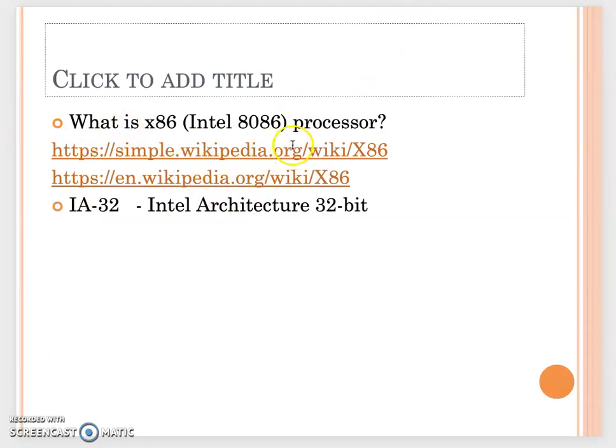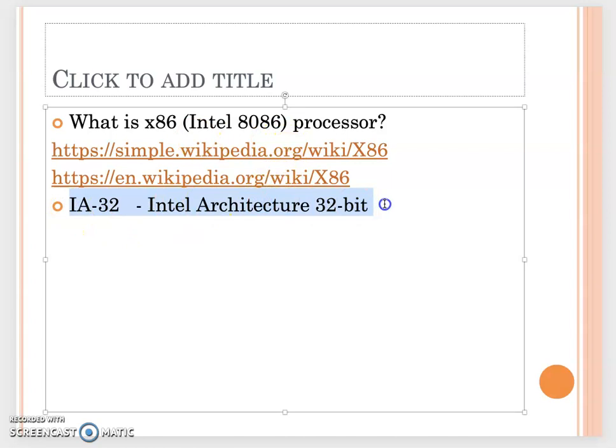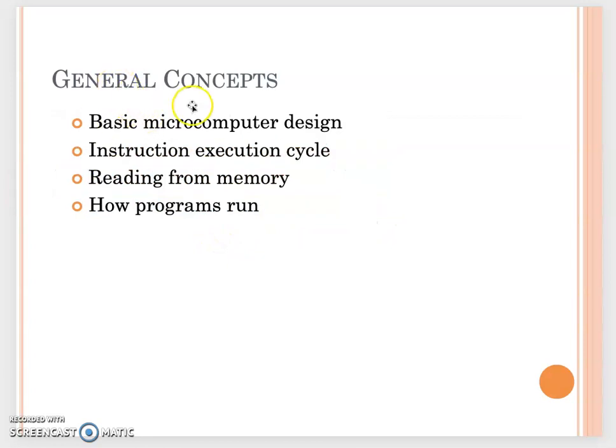If you want to have more information, let's go see the x86 information online. Our example in chapter 2 uses the Intel architecture 32-bit. So let's talk about the first thing, the general concept: how the microcomputer is designed, and how each instruction looks when we execute its cycle.